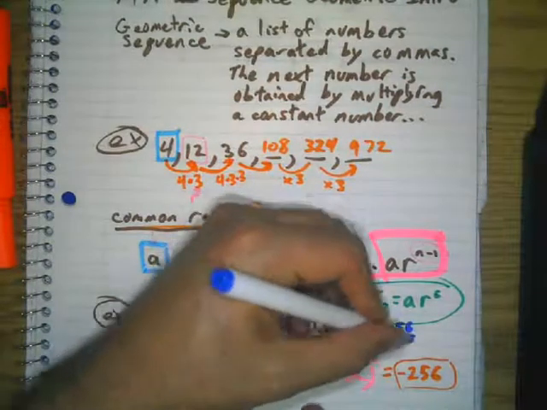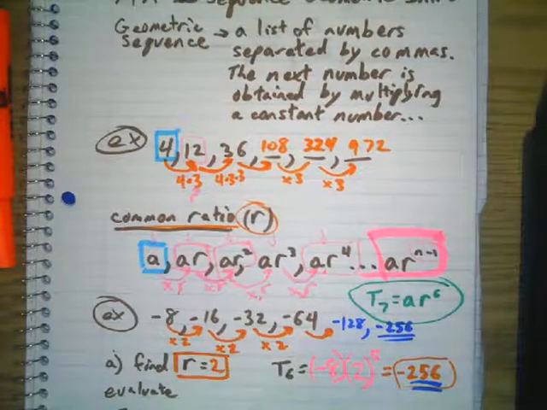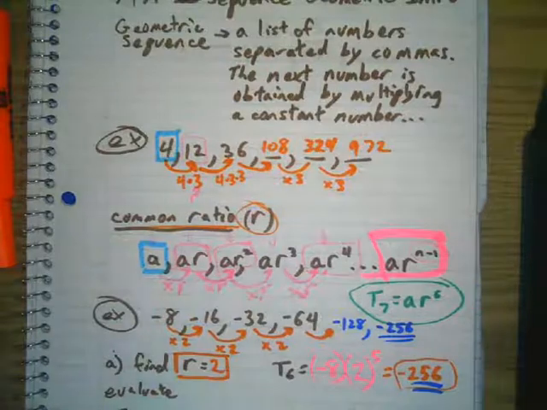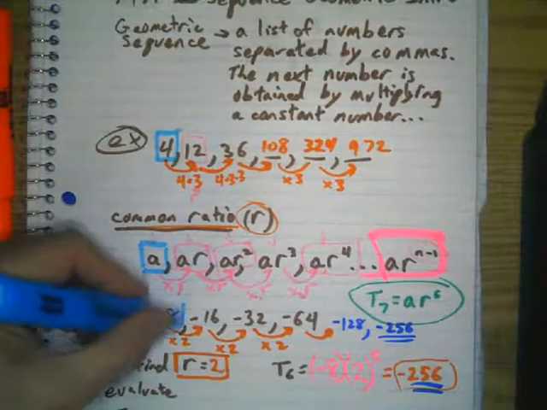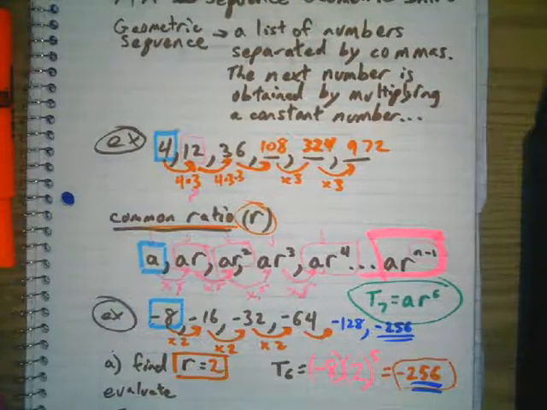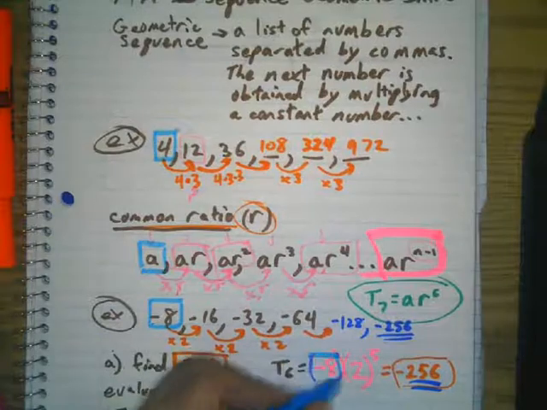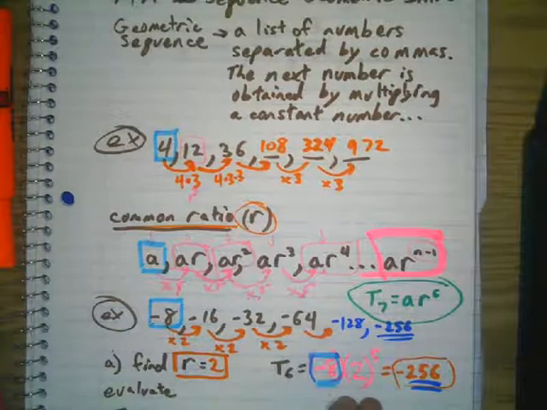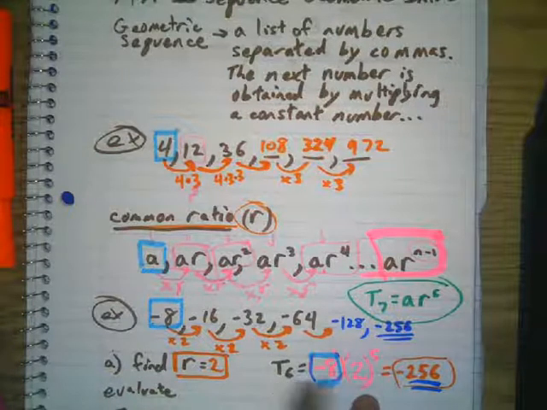Okay, and that is the same as here, right? So what did we do? I took my A value, which is negative 8, and we have that here. And then we knew that R was 2, and since I was finding t to the 6th, we just reduced the power by 1.